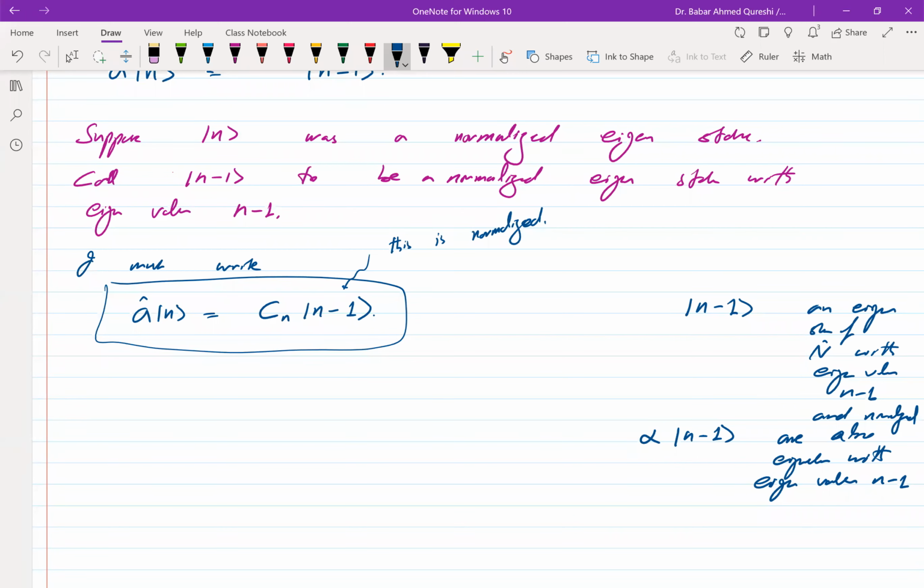They don't have to be normalized. All I concluded is that I'll get a state which has eigenvalue n minus 1. So which one do I get?